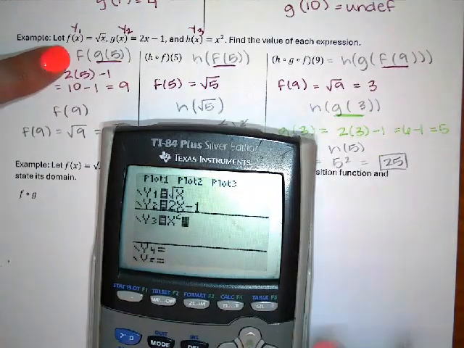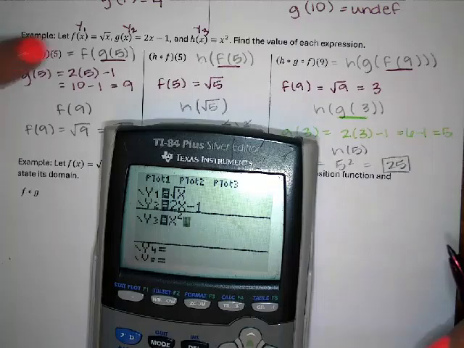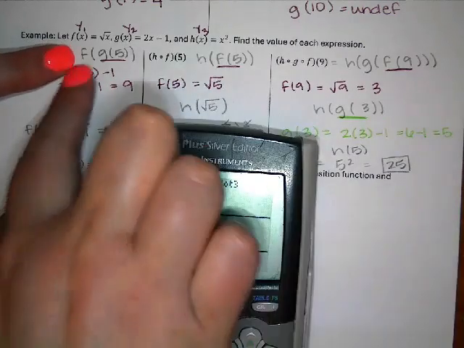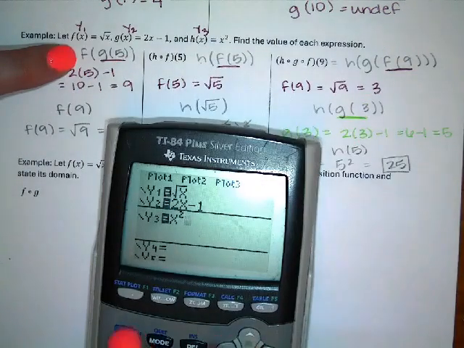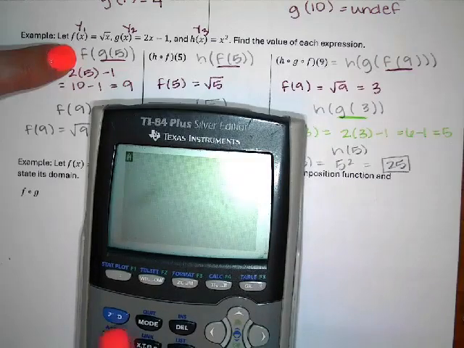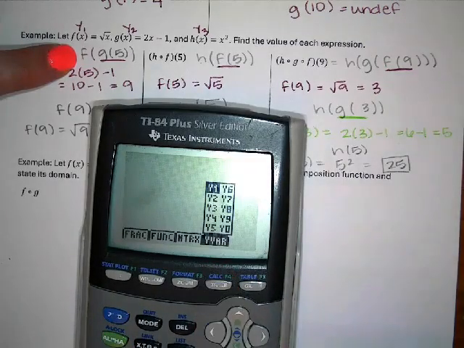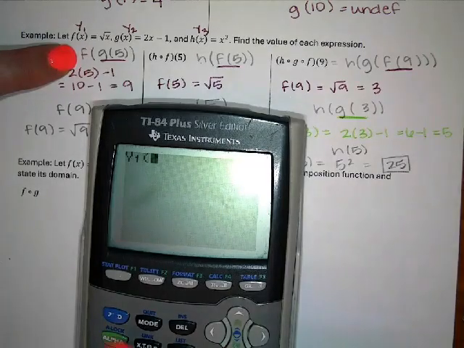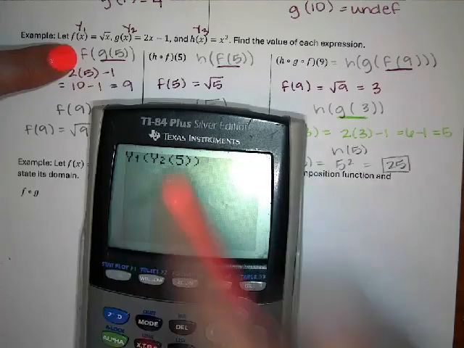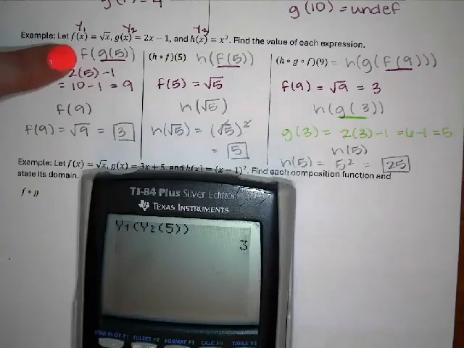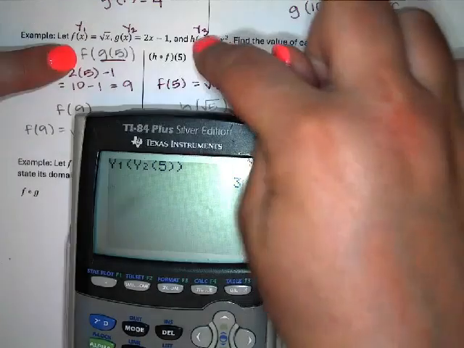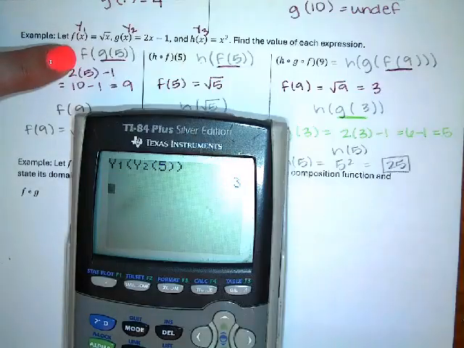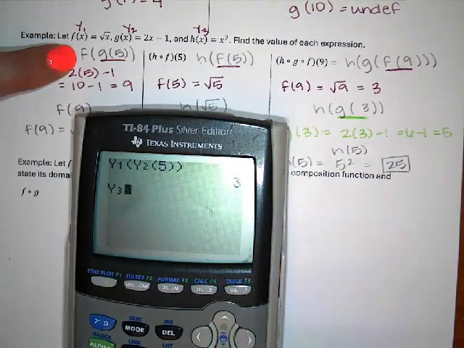So for this first one, I'm going to do y1 of y2 of 5. So alpha calc. y1 of y2 of 5 is f of g of 5, and it gives me 3. y3 of y1 would be y3 of y1 of 5, which is 5.